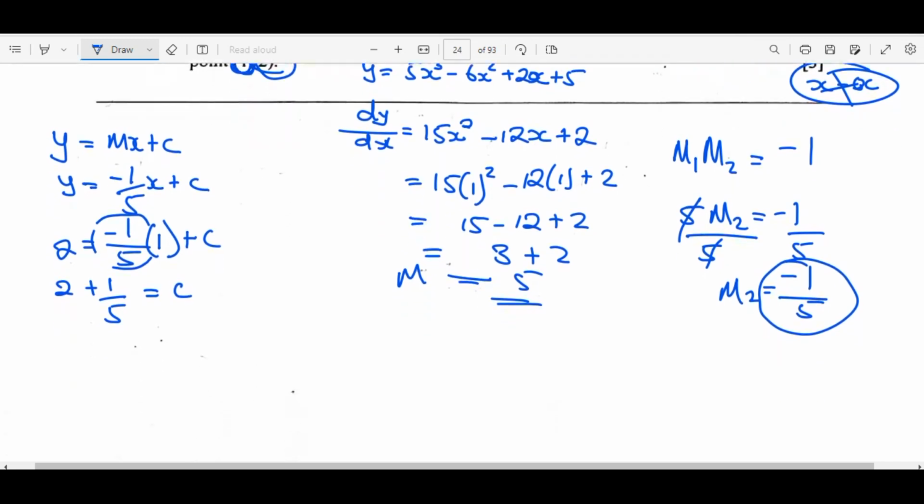So to find c there, we would say c is equal to 11 over 5. So 11 over 5, that is the answer there.